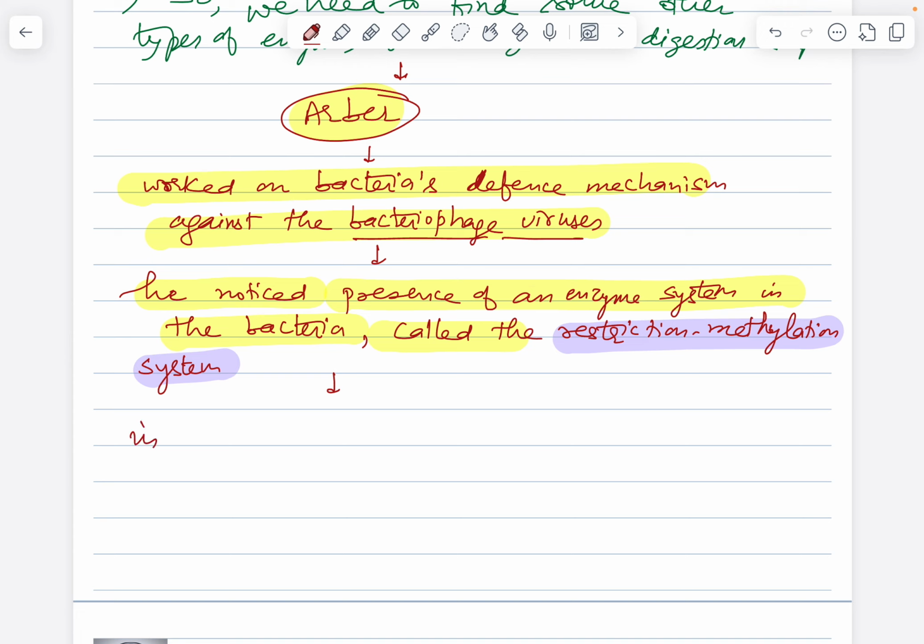In this system, Arber found out that bacteria use an enzyme called methylase enzyme.